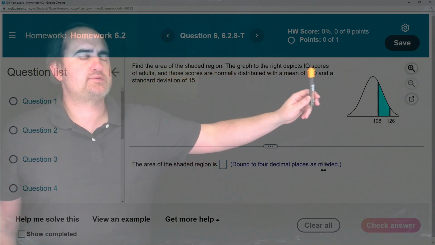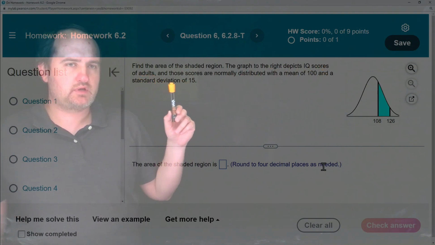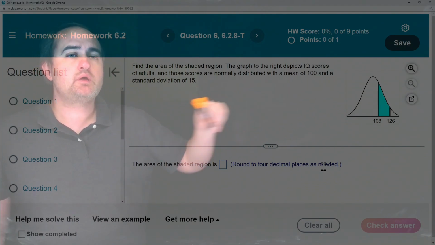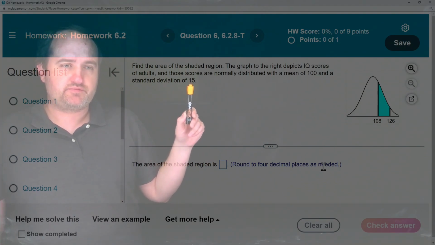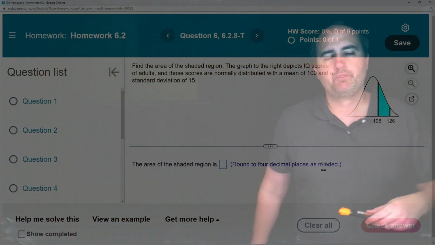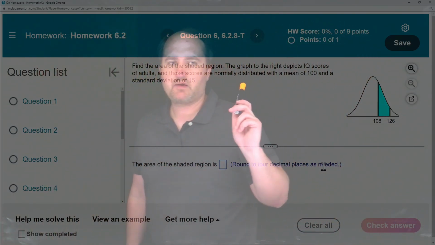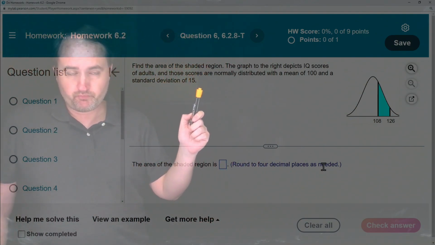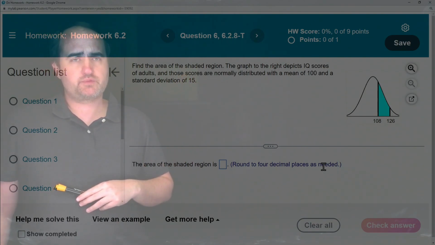The graph to the right depicts IQ scores of adults, and those scores are normally distributed with a mean of 100 and a standard deviation of 15. Before we go any further, I want you to think about whether this is a standard normal distribution or a non-standard normal distribution.